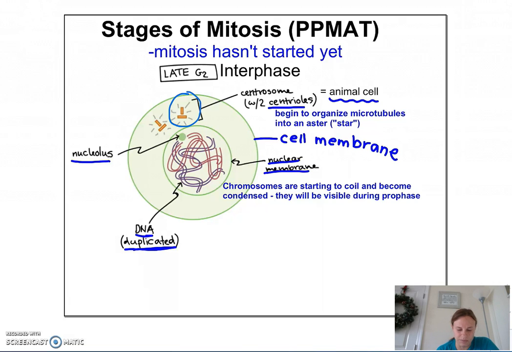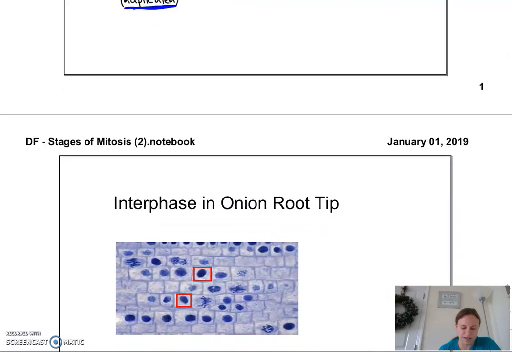You've got a cell membrane, but you've also got a nuclear membrane present. You have a nucleolus, and your DNA has already been duplicated. That happened during the S phase of interphase. The chromosomes are starting to coil, they're becoming condensed, and then they're going to be visible during prophase.